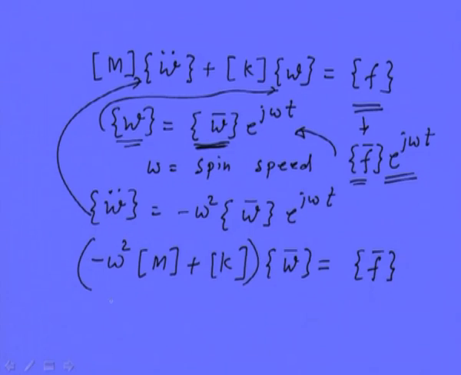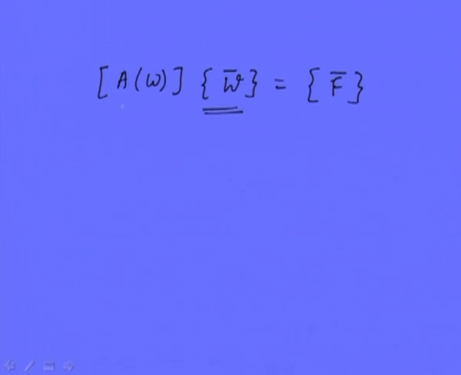Now this particular matrix, we can call the A matrix. So we can write this as A, which is a function of speed, times W bar equal to F bar. Now to get the response, we need to invert the A matrix.